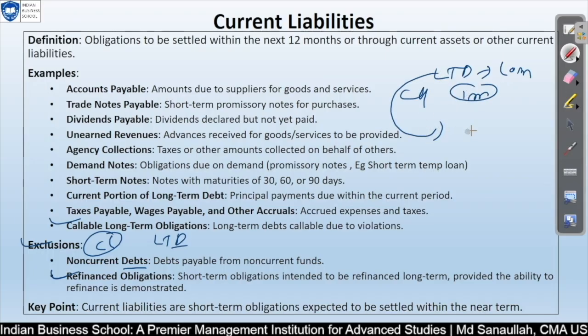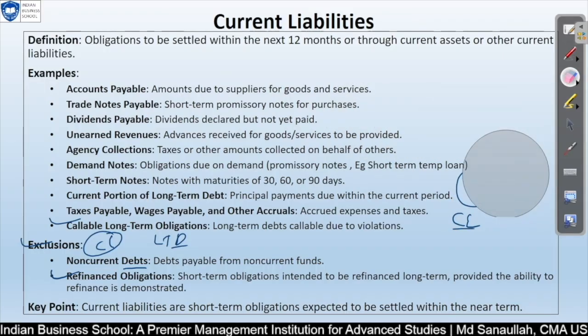You have to reclass this, as I told you: debit your long-term debt for 1 million and credit your current liability. Likewise, you are recognizing your current liability. Your current liability will increase, which you need to pay through cash. Then you will debit the current liability and credit cash. This is how your liability will be removed. Cash will be credited, which means you are losing your cash. This is overall the process.